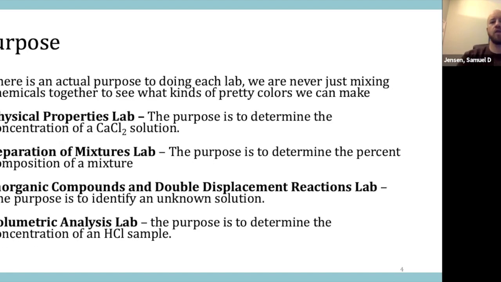Every lab has a purpose; every experiment that you do has a purpose. It is not always the stated purpose or objective of doing the lab, as you'll see in some of the handouts. For the physical properties lab, it states the objective of doing the experiment, which is not really the purpose.